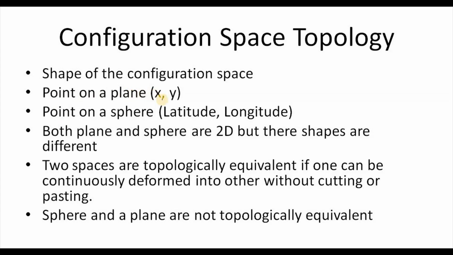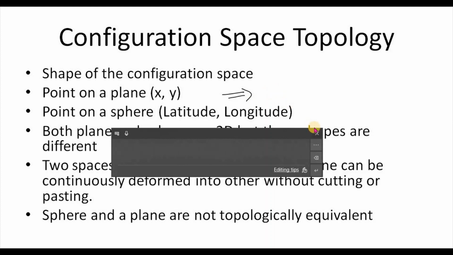A point on a plane can be represented by two coordinates x and y, and the topology of this kind of configuration also looks like a plane. So this is a plane and it's also two-dimensional.